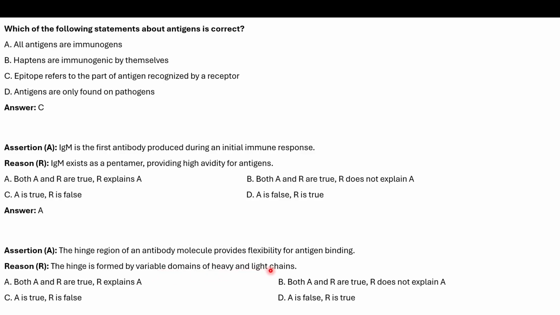Variable domains are actually at the top. Next come the light chains, and then the constant regions of the light and heavy chains. Then comes the hinge region. So variable domains are not really involved. So the correct answer is option C, where the first statement is correct and the second statement is false. Okay.